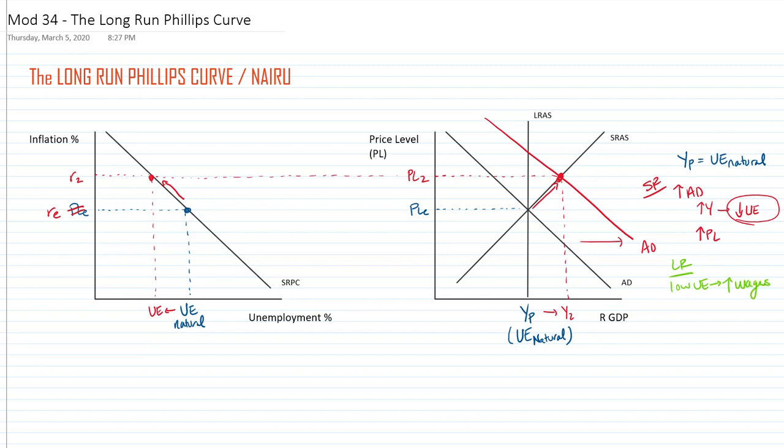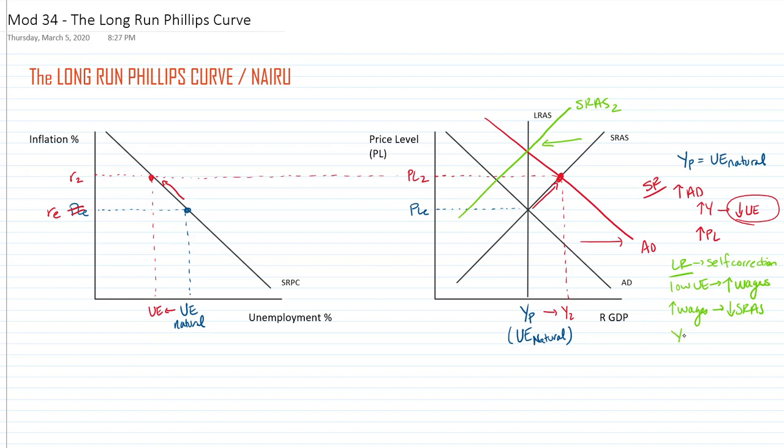And so those higher wages are going to lead to a decrease in the SRAS curve. This is the process of self-correction: the higher wages are higher input costs, which is going to decrease the SRAS curve, and slowly but surely our SRAS curve is going to shift back to the left so that our economy comes back to YP.